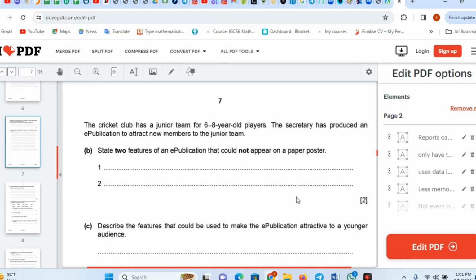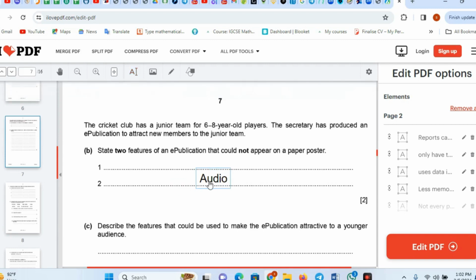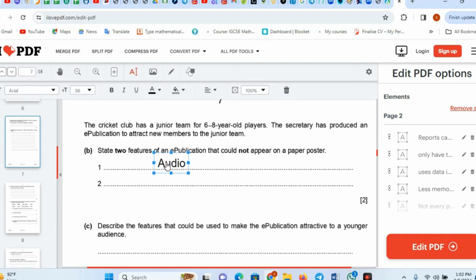You have to list 2 features of an e-publication that could not appear on a paper poster. Yes, what are those things that will not appear on a paper poster compared to an e-publication? Yes, thank you. Audio. The audio will not appear on paper because you cannot see paper talking. But when you have an e-publication, you can have the audio there.